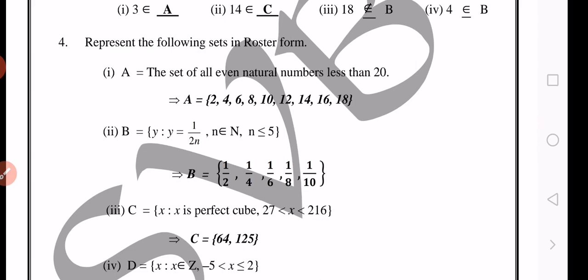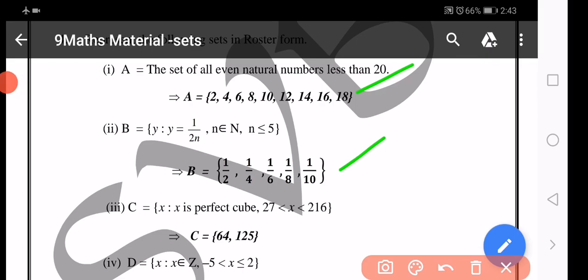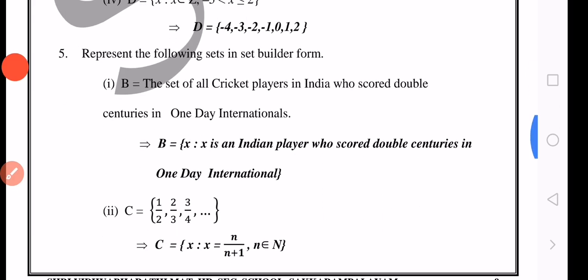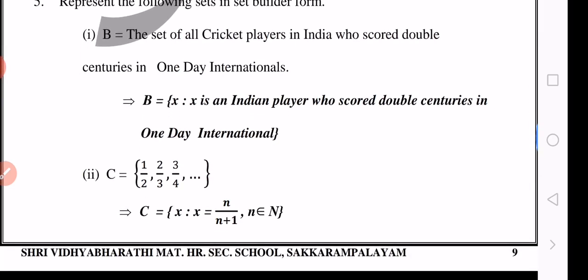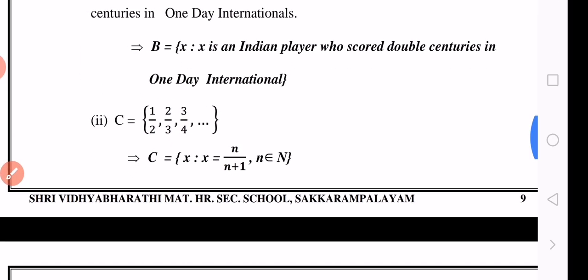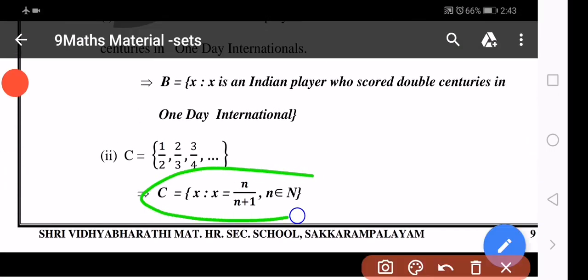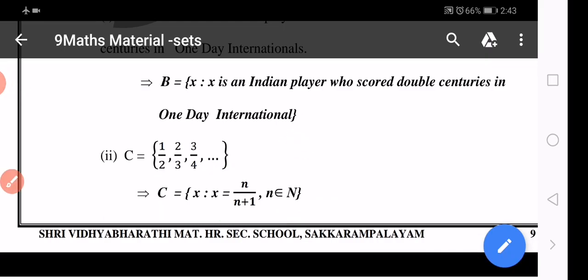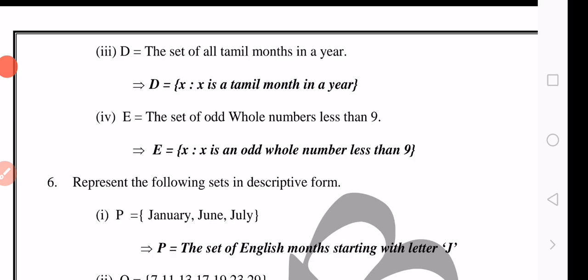Represent the following sets in roster form: first one, second one, third one, and fourth one. And fifth question, represent the following sets in set builder form. C is the important one, that is a formula. We generate the formula: for all x such that x equals n by n plus 1. The set of all Tamil months in a year: for all x such that x is a Tamil month in a year.